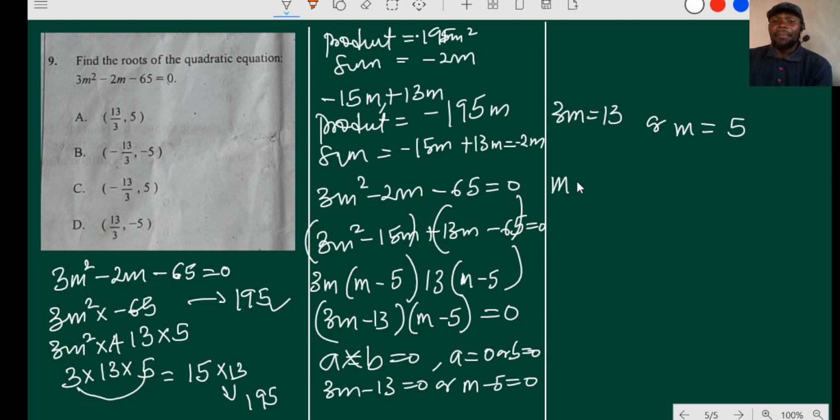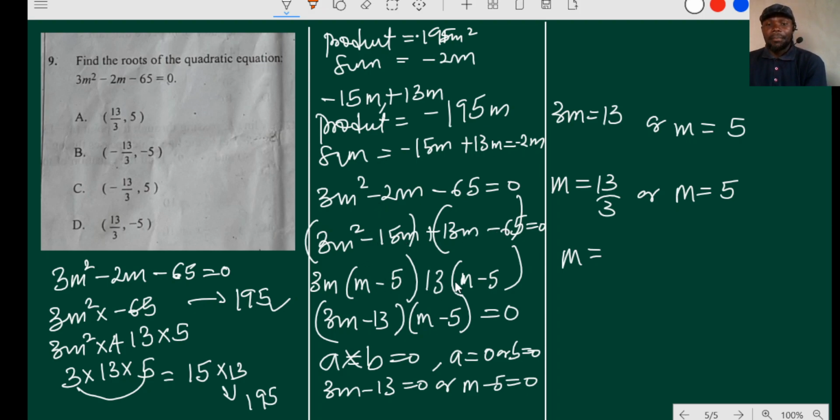So m is equal to 13 over 3 or m is equal to 5.